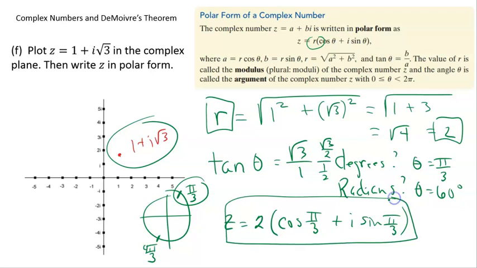Since it didn't say it had to be in radians or degrees, another appropriate answer would be 2 cosine of 60 degrees plus i sine of 60 degrees, okay? Again, both of these are correct. In the homework, read carefully because it will say either in degrees or radians.